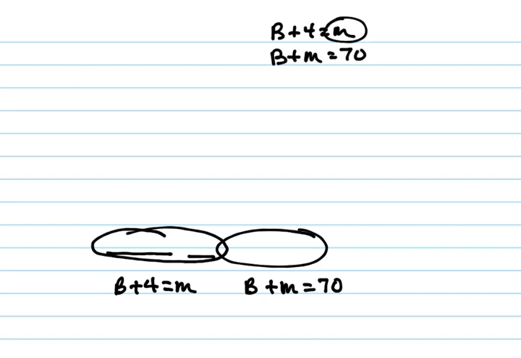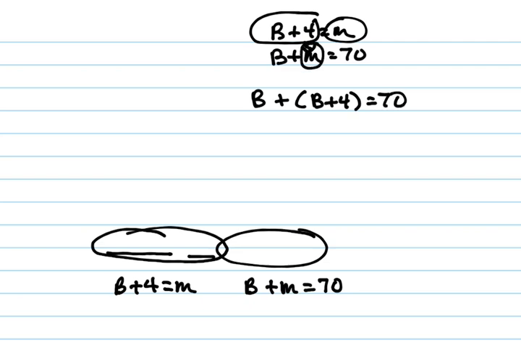And since that one's already solved for M, I could just take this value and substitute it in for the M and solve the equation. So this one is much easier to solve using substitution. And what if they had said Michelle is 4 years younger than Bruce? Yeah, you could use minus 4 as well. Okay, good job. So B plus 4 is equal to 70.